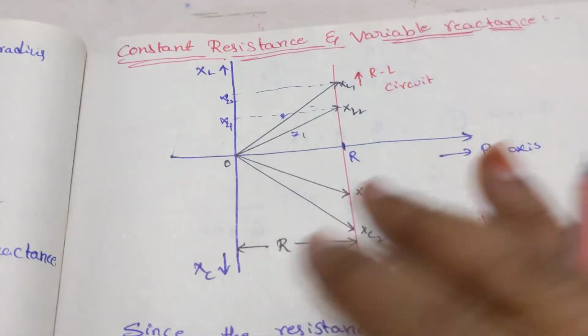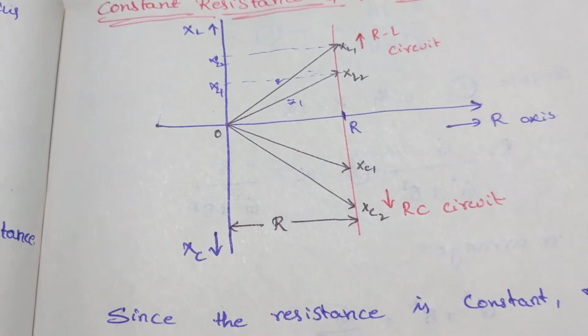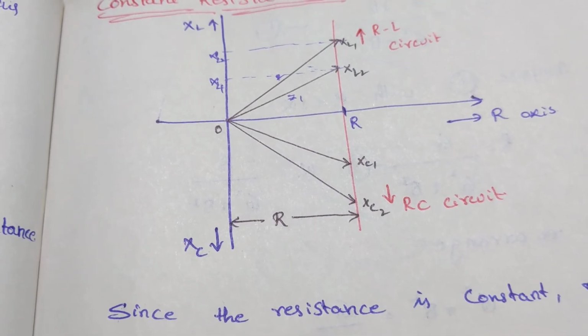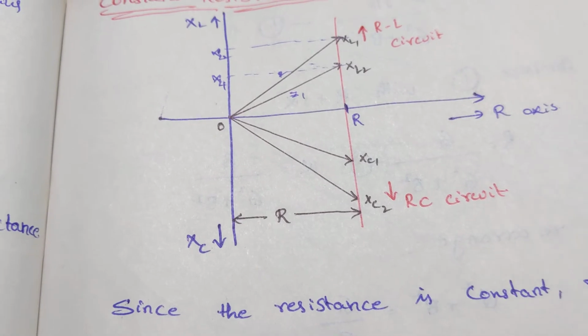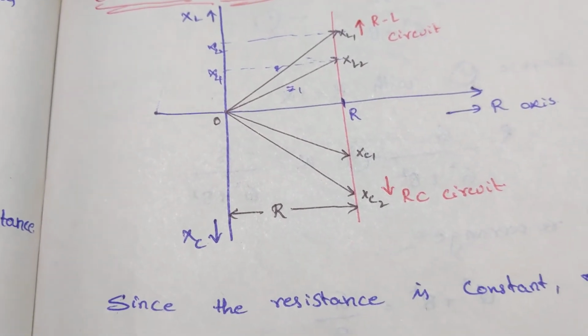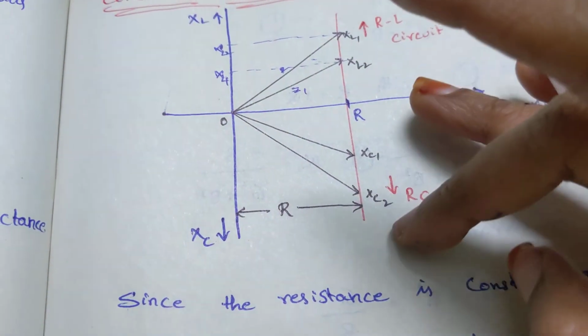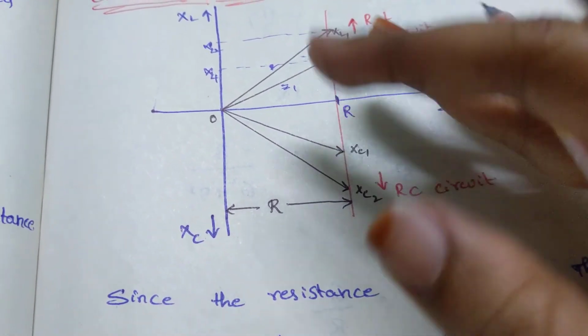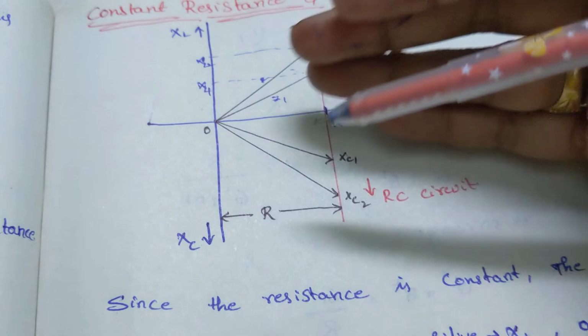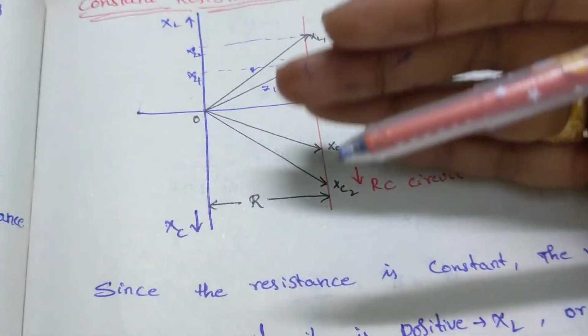I already stated that Z is nothing but R plus jX. Here if X is positive, we call it inductive. If X is negative, we call it capacitive reactance. So for this, it will be in the negative direction of your y-axis.